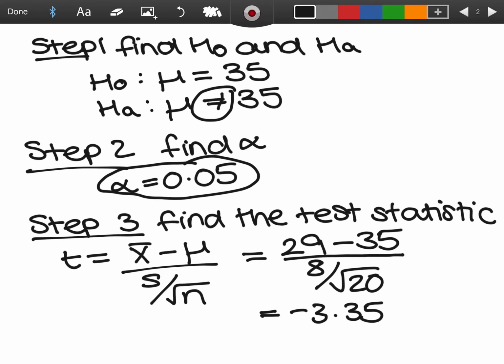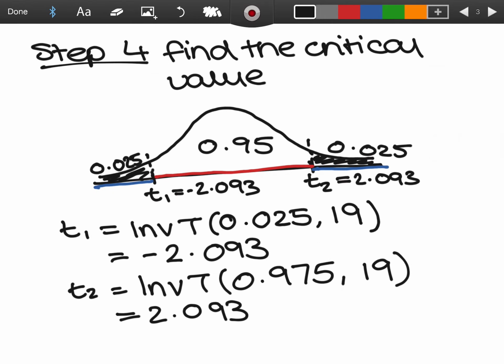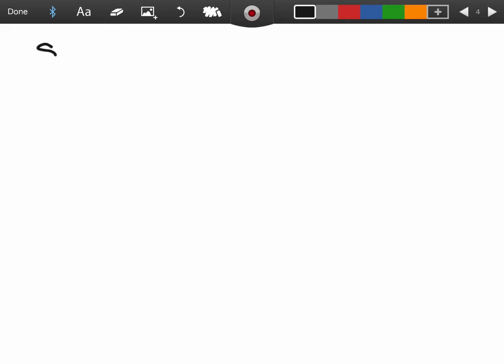We had for our test statistic negative 3.35, which means that our test statistic lies somewhere over here. It's going to be to the left of negative 2.093. So our t value falls here, which means it's in that intolerance zone, which means that we have to reject that null hypothesis.